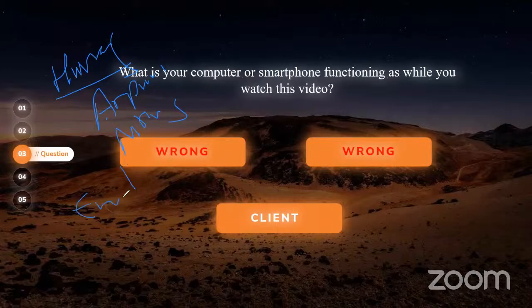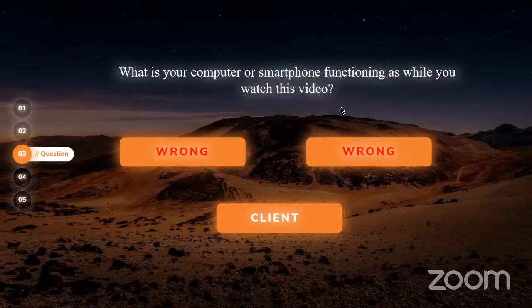Similarly, among end hosts, we have servers and clients. Understood? So end host is nothing but the name of the category. In that, server is also an end host, client is also an end host. Just like here, you are a human and I am also a human. It's just a name of the category, that's it. But not a device.